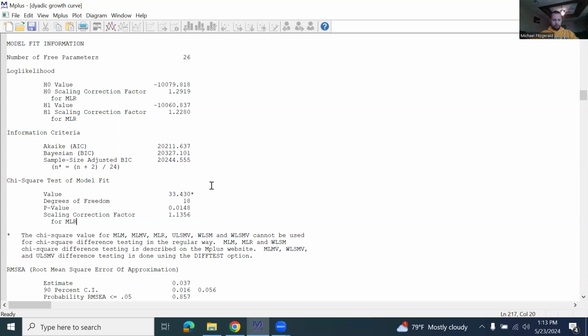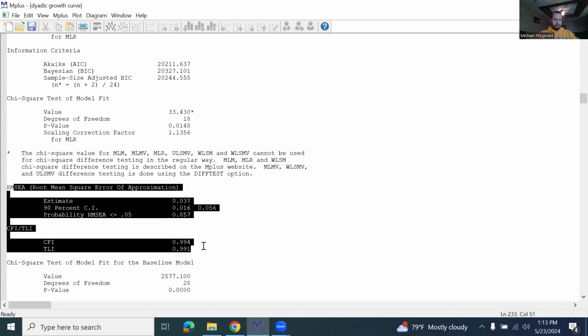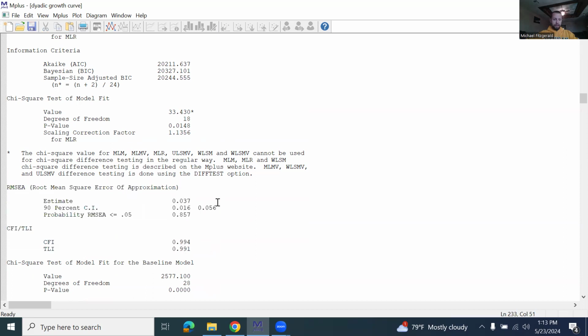I instead use a Gestalt approach where I'll integrate the CFI, the TLI, the RMSEA, the SRMR, and other local fit indices. So our RMSEA and CFI and TLI are looking really, really good. We have a 90% confidence interval that our RMSEA value is between 0.016 and 0.056. So that's really strong.